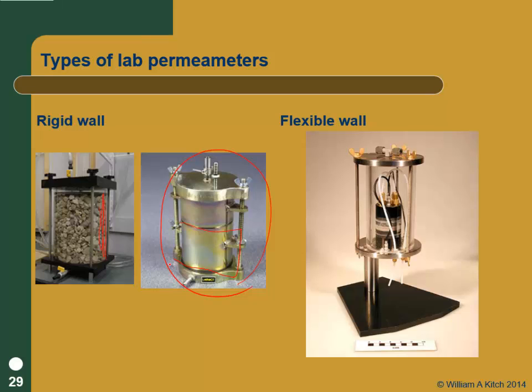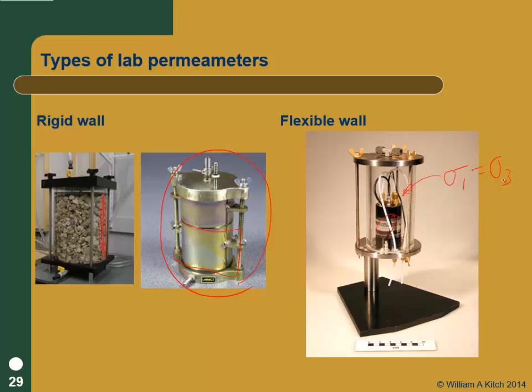A flexible wall permeameter looks a lot like a triaxial test, except instead of measuring a strength, we just have the sample inside a flexible membrane, and it's inside a cell, so we can put cell pressure on the outside, so we can have a sigma 1 equal to sigma 3, and we can confine the sample. It does two things.